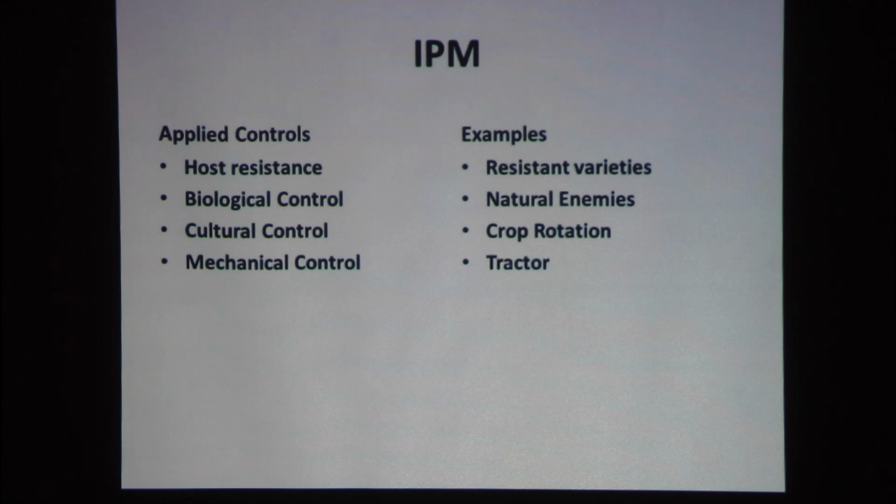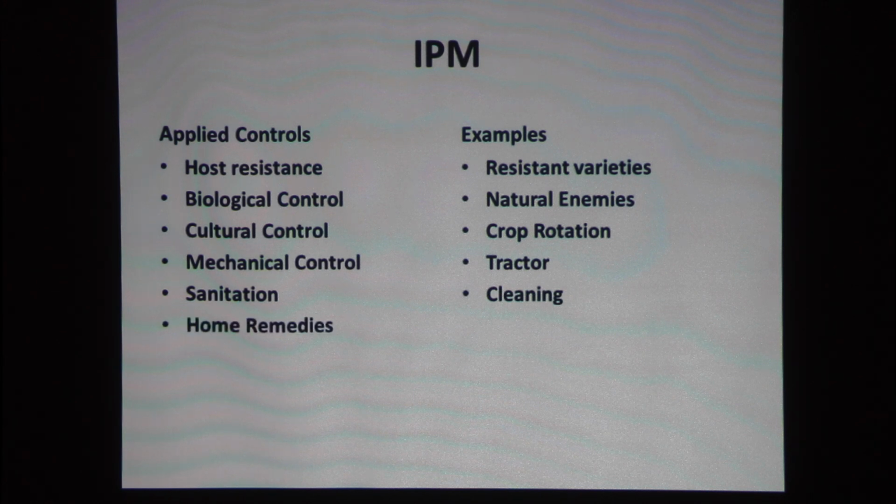Mechanical control, to use mechanical tractors and other machinery. Sanitation, cleaning, good clean fields. Home remedies, using non-pesticides, like you can make home remedies out of oil and soap. And the last resort is chemical control.